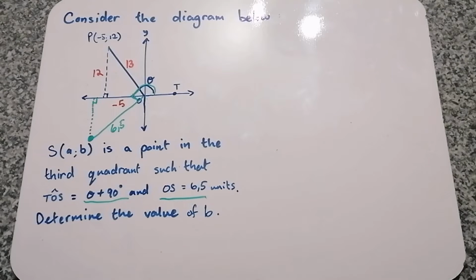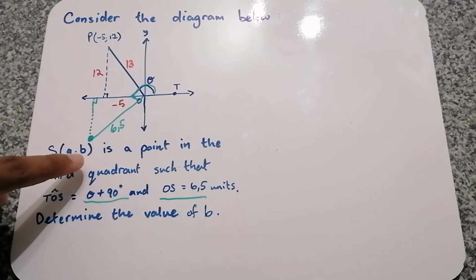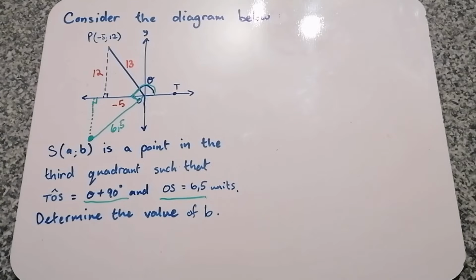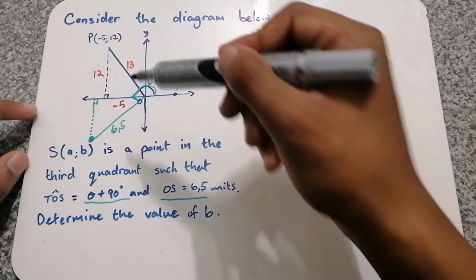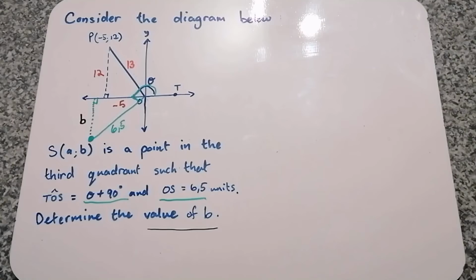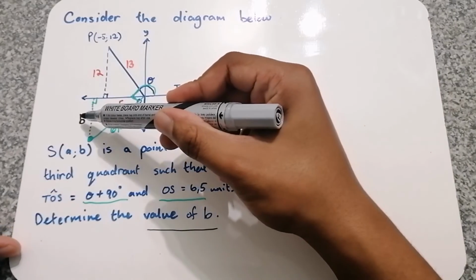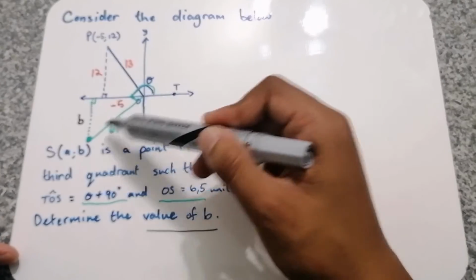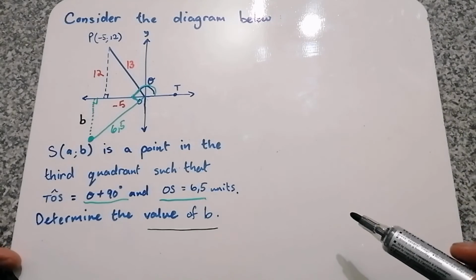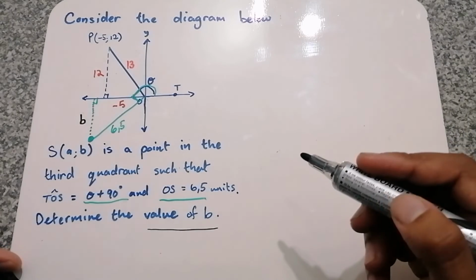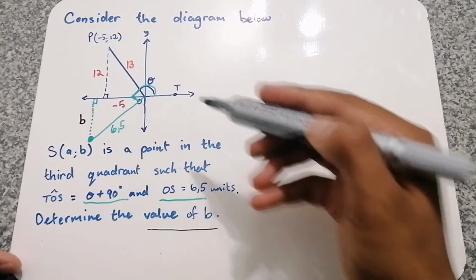Determine the value of B. B is the y coordinate as we pointed out there. Now we know the y coordinate B is the opposite value in this triangle. Now, since B is the opposite and OS is the hypotenuse, which was given as 6.5, I'm going to use this sine ratio because that's opposite and hypotenuse.